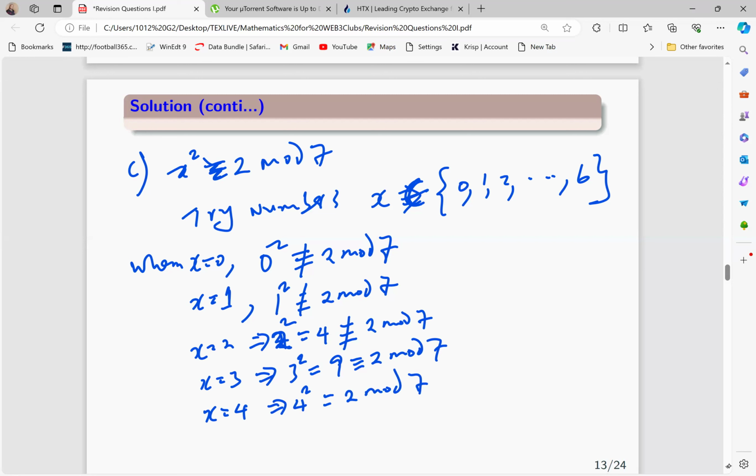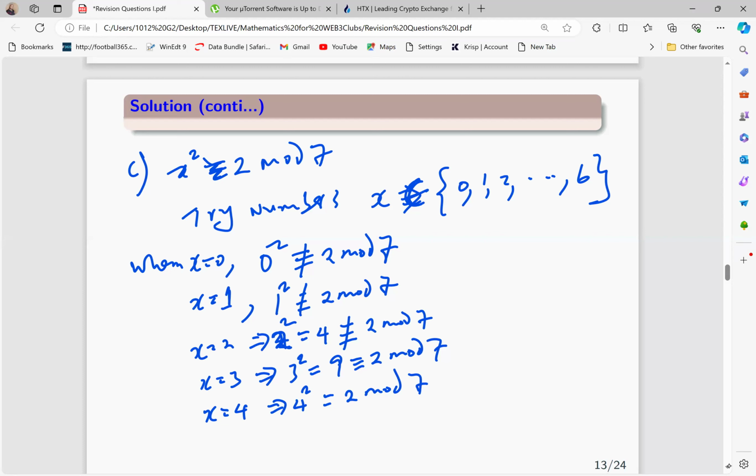And of course, this is a square, so x has only 2 solutions. We've obtained all the solutions, so there is no need to proceed, because we already have the 2 solutions. Is that okay?